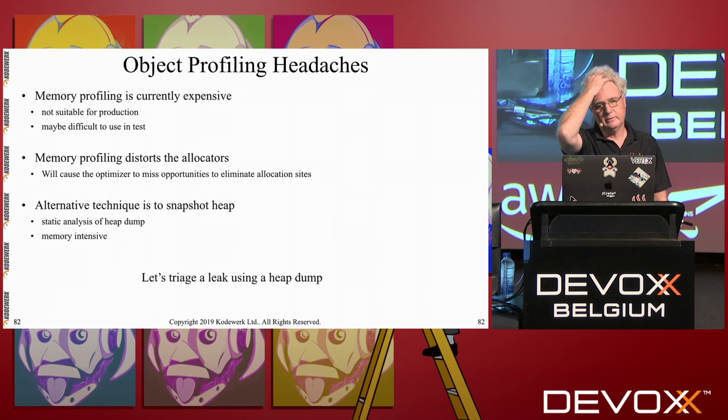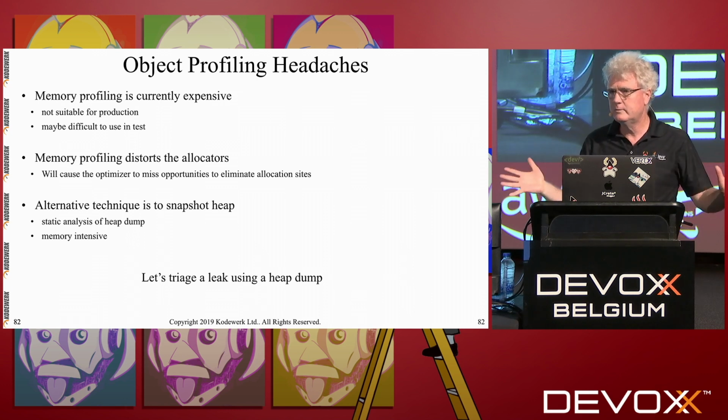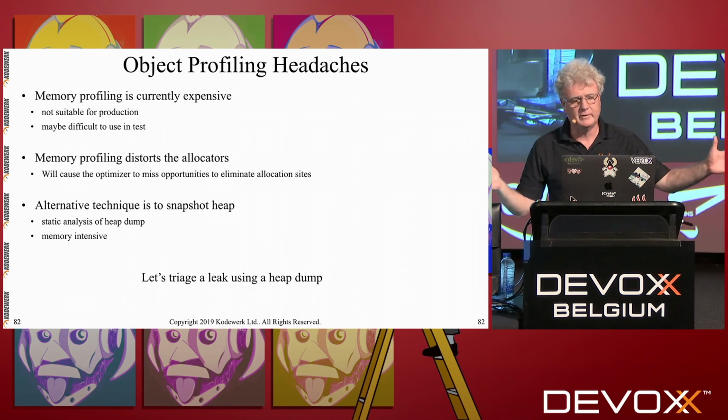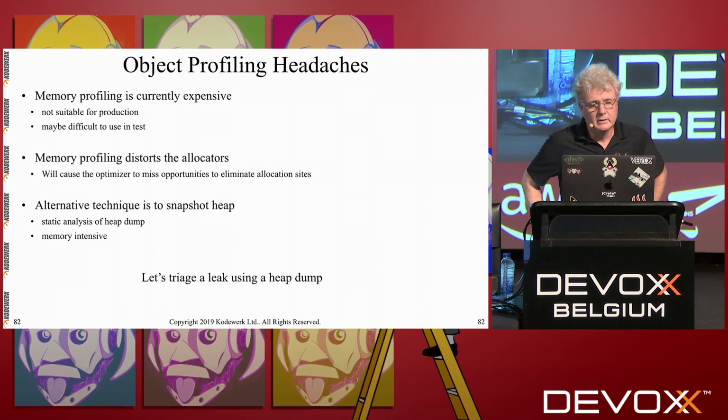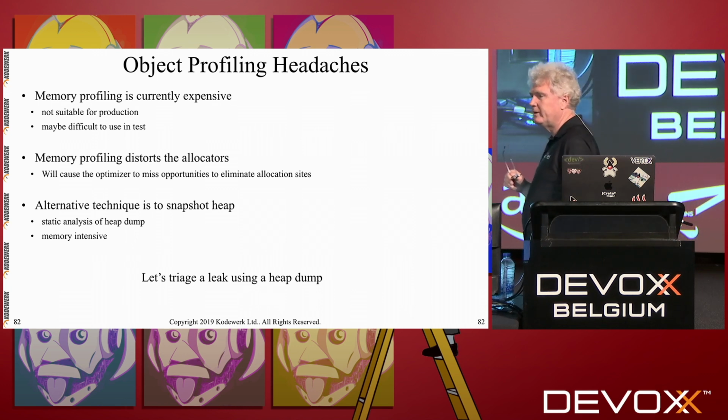And so, you know, some of this memory profiling, people don't really consider it suitable for production environments. I might argue with them, but, you know, it's their production environment, so they can decide what to do. Also, maybe difficult to use in test. Memory profiling distorts the allocators. This is really a fun thing. Does anyone know about escape analysis?